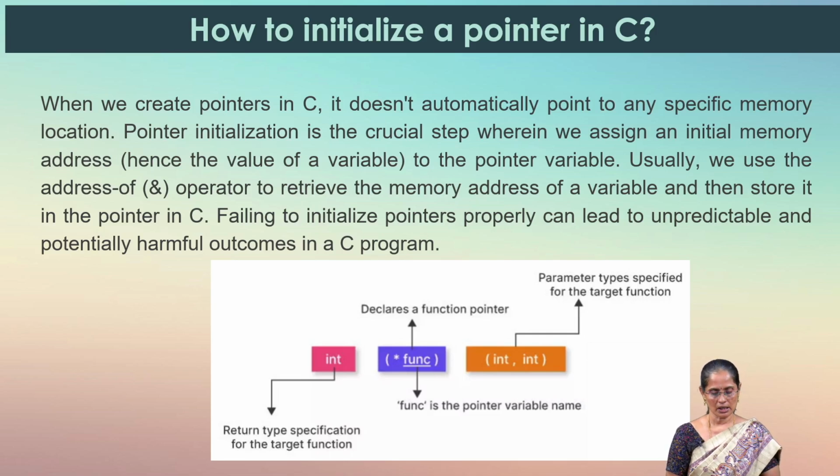We can also declare a function pointer. How can we declare a function pointer? We can just include the asterisk with the name of the function. This points to the address of the function, which can also be stored in a pointer type variable.